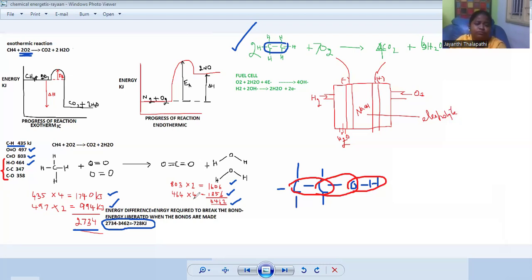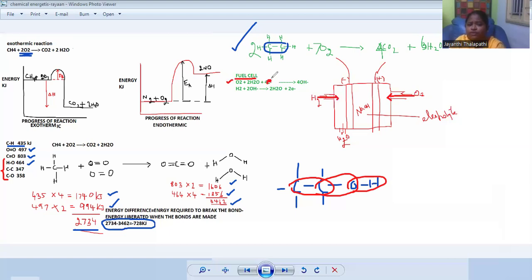Okay, fine. So let's move on to the fuel cell, which is also a very important topic in this chapter. This is how the hydrogen enters the fuel cell, and oxygen enters this side, and the electrolyte is sodium hydroxide. The half equations will tell you what happens.